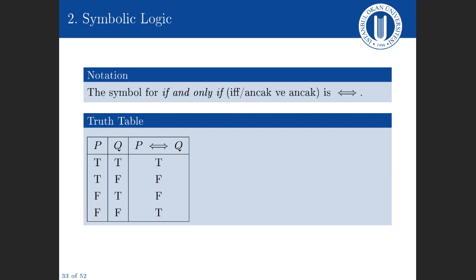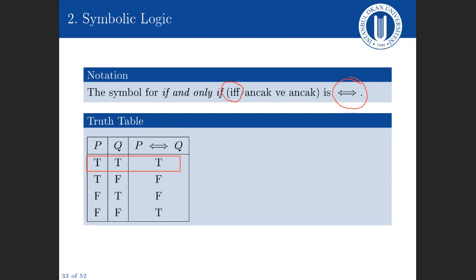The symbol for if and only if, which mathematicians often write as IFF out of laziness, is this double-headed double arrow. This means P and Q are the same. So, for example, if P and Q are both true, that means P and Q are the same.